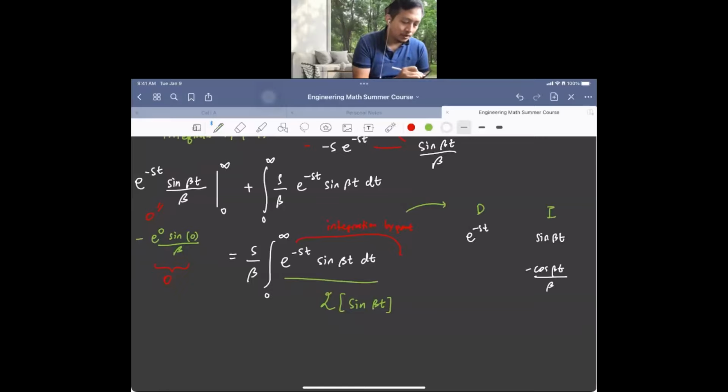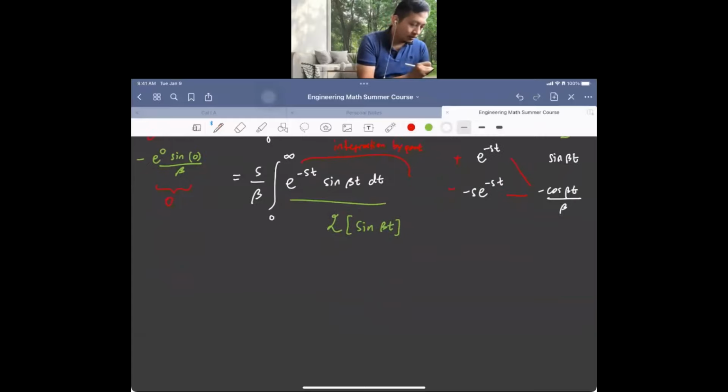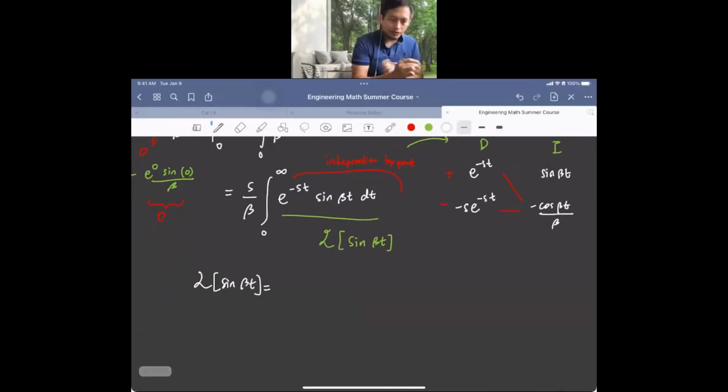Same way, we take the e to differentiate and integrate the sine to become negative cos beta t over beta, and this will be negative negative s e negative st. So let me write here Laplace of sine beta t. We are going to have, as usual, negative 1 over beta e negative st and then cosine beta t from 0 to infinity.